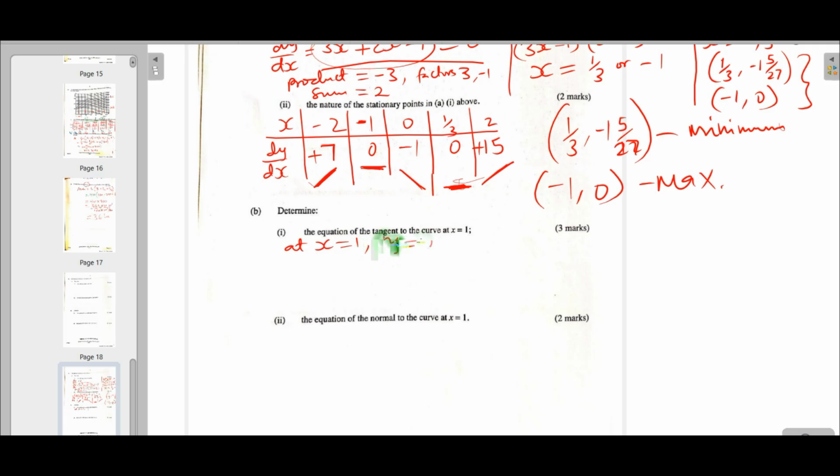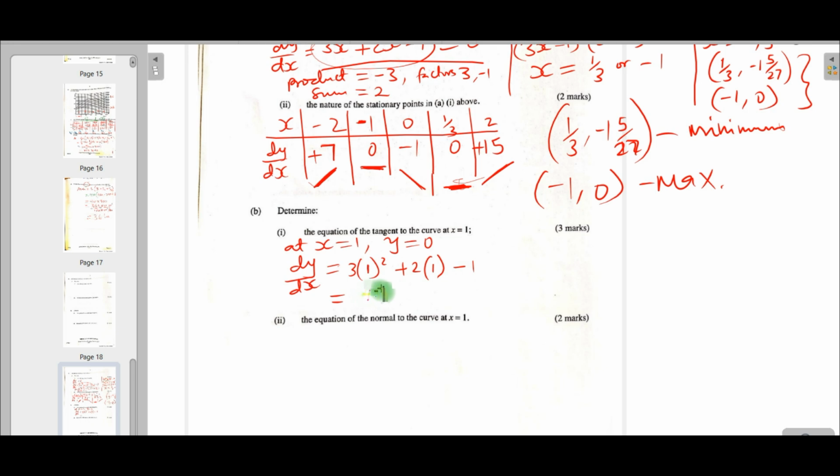And therefore we substitute into the gradient function at that particular point, to find the gradient of the tangent drawn. So 3 times 1 squared, plus 2 times 1 minus 1. So the gradient function at that particular point, 3 plus 2 minus 1, will have 4.